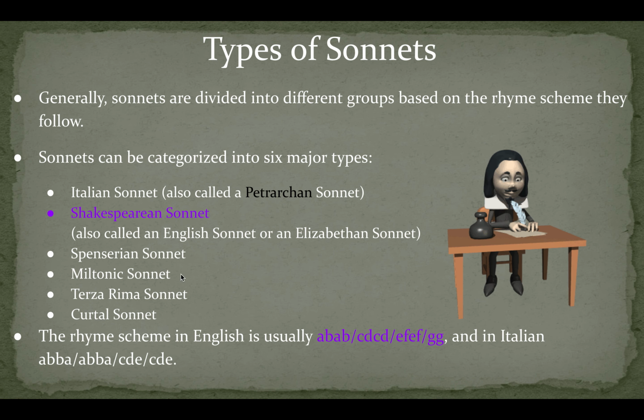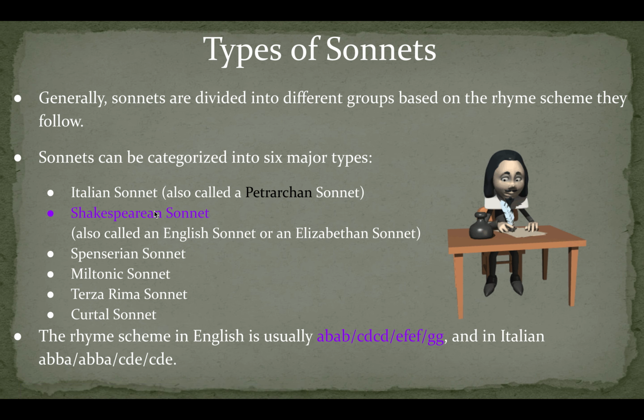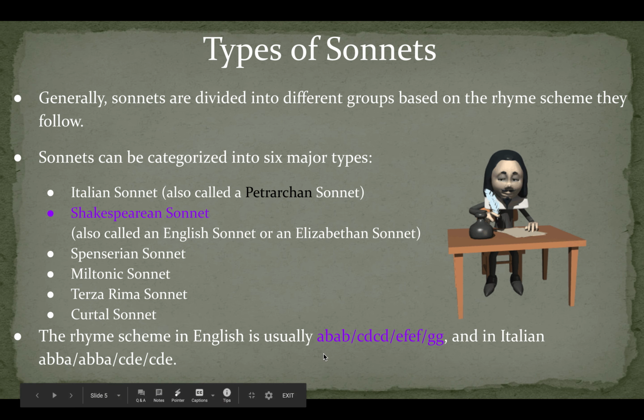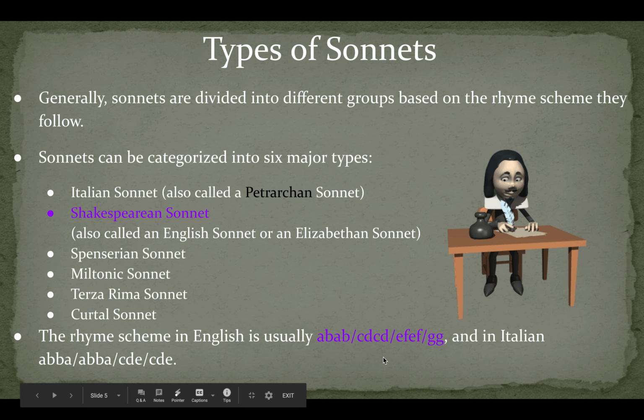Now, when we're looking at the rhyme scheme in an English sonnet, which is what we're going to be looking at, also called the Shakespearean sonnet, it's ABAB / CDCD / EFEF / GG. This is the rhyme scheme that you're going to be paying attention to when we're looking at Shakespearean sonnets. Now, of course, in the Italian sonnet, we have this other rhyme scheme here.